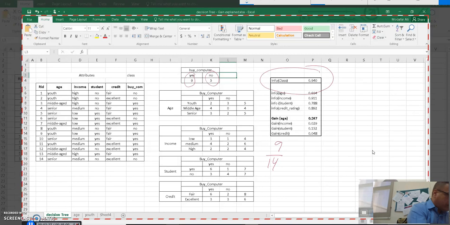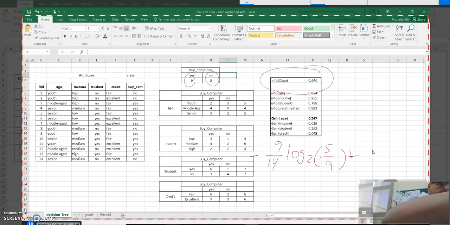Log 2 of the same thing, 9 over 14. All of this is negative, by the way, right? Minus, which is actually a plus.